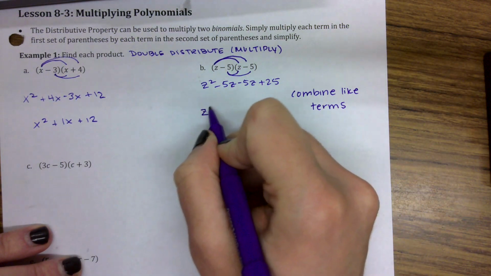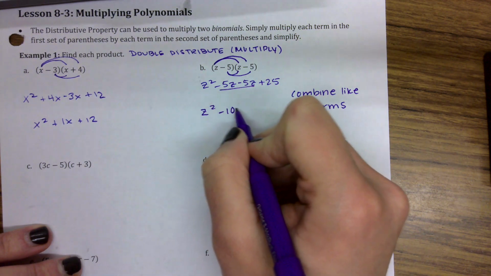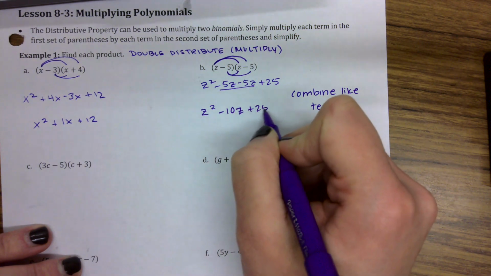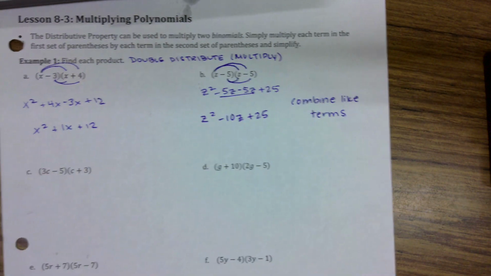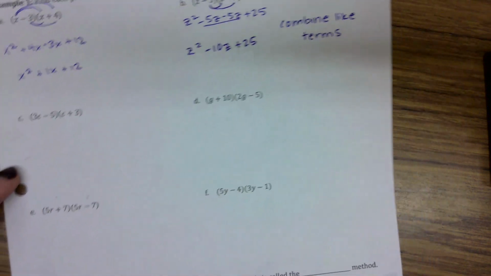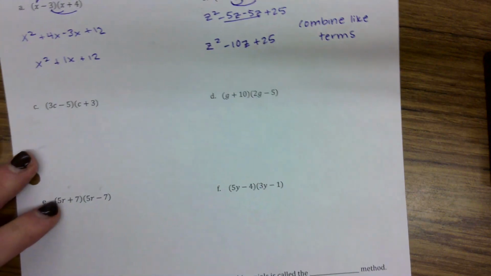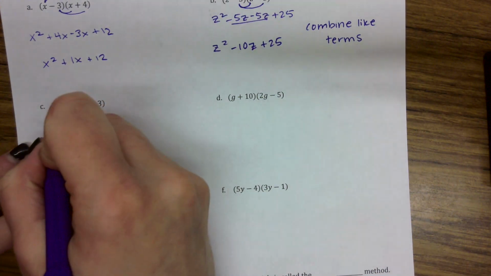So Z squared, negative 10Z. Okay, that's it. I want you to pause the video and try doing C, D, E, and F on your own, and then watch the video.